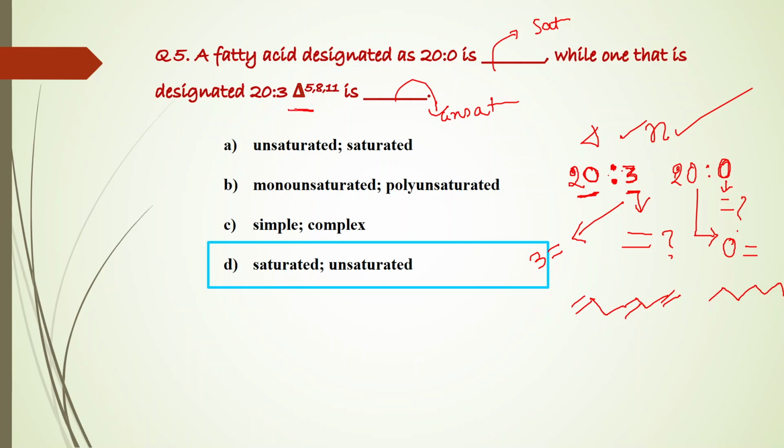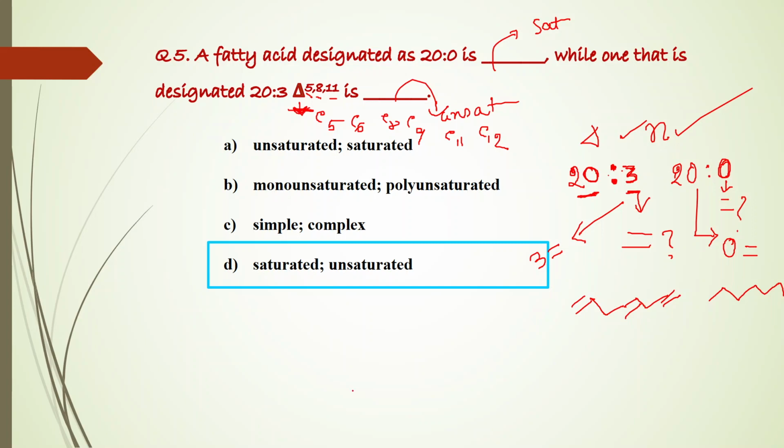Obviously from delta it is clear that this is following the delta model. So delta designation 5, 8, 11 means the positions of the double bonds. It is telling us that the first double bond exists between C5 and C6. The second double bond exists between C8 and C9, and the third double bond exists between C11 and C12.